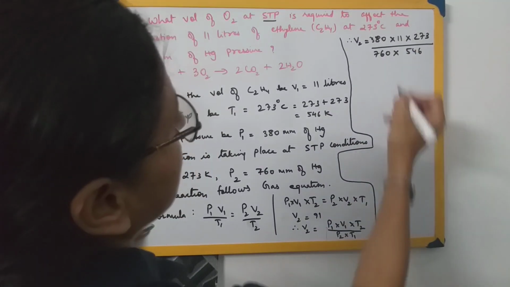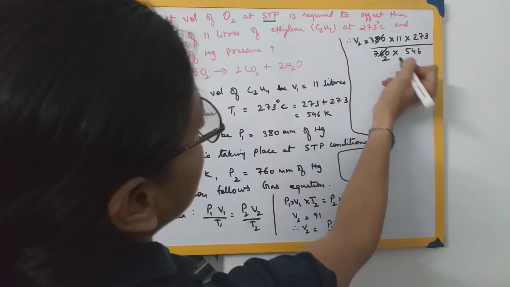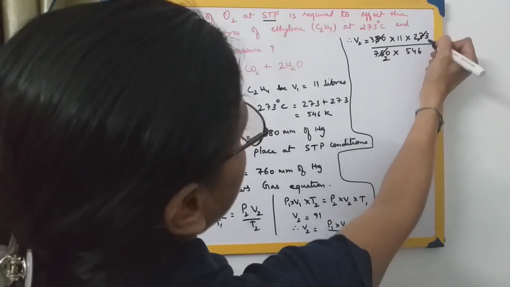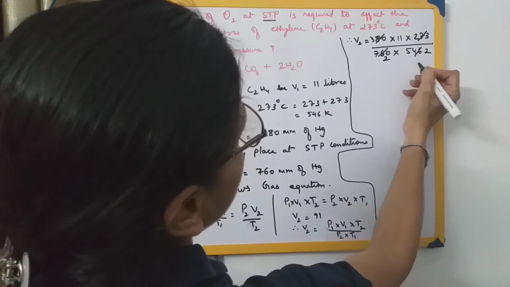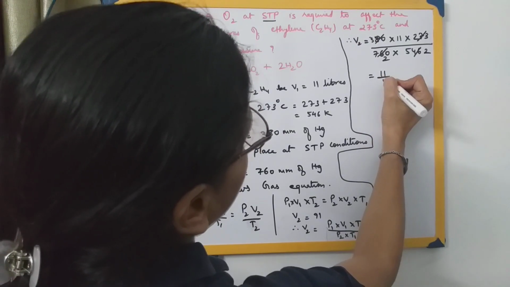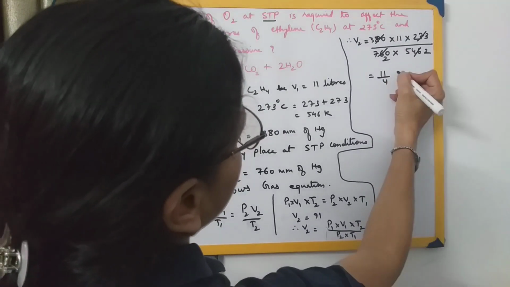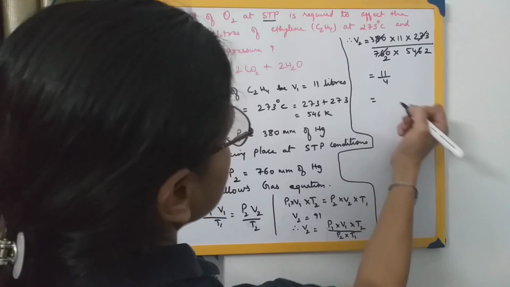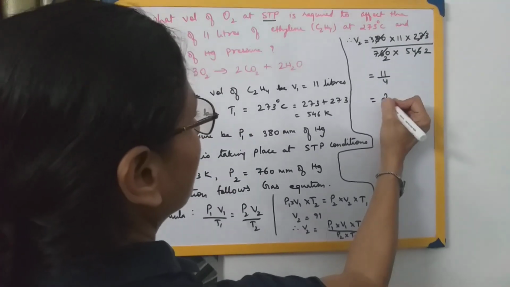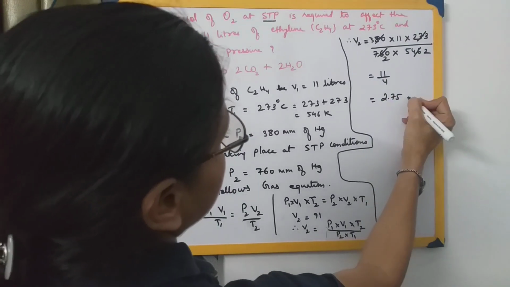So 380 cancels with 760, this is 273 one and this is 273 two, so we'll be getting it as 11 by 4. If you divide 11 by 4, you will be getting 2.75 liters.